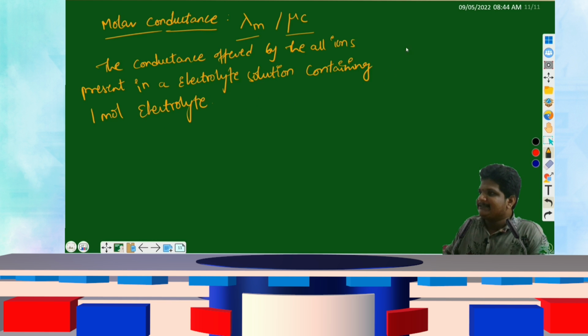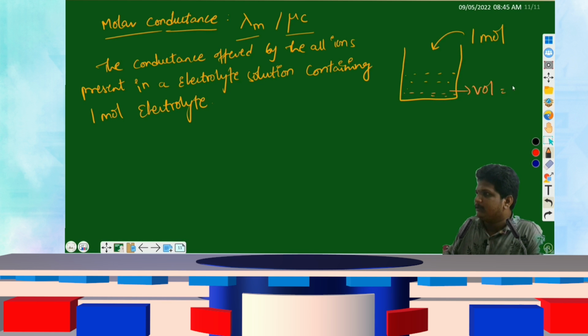Let us consider again this electrolyte solution, which is containing 1 mole electrolyte, and the volume of this electrolyte solution is V mL. Let the volume be 1 mL.